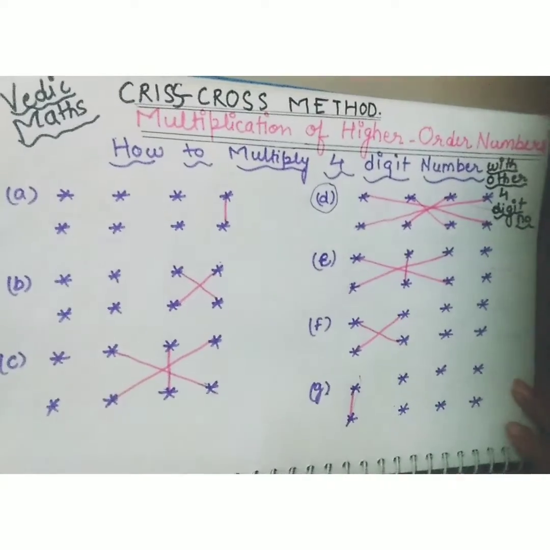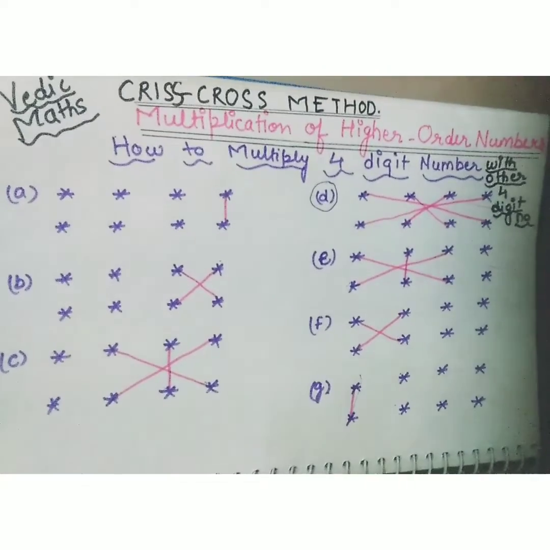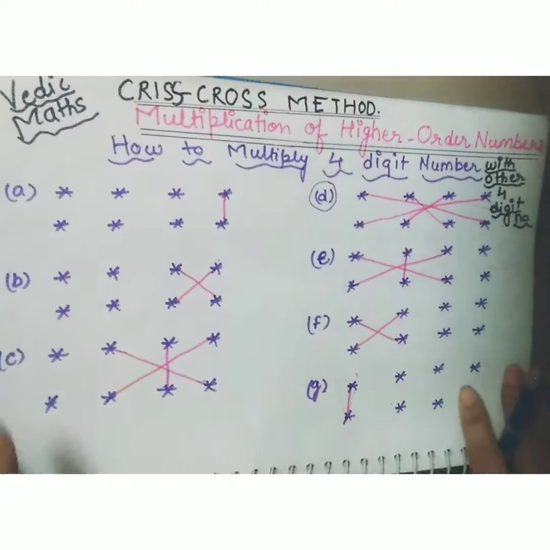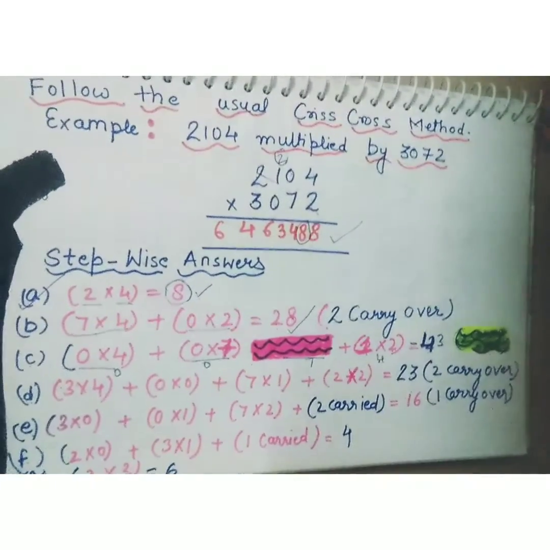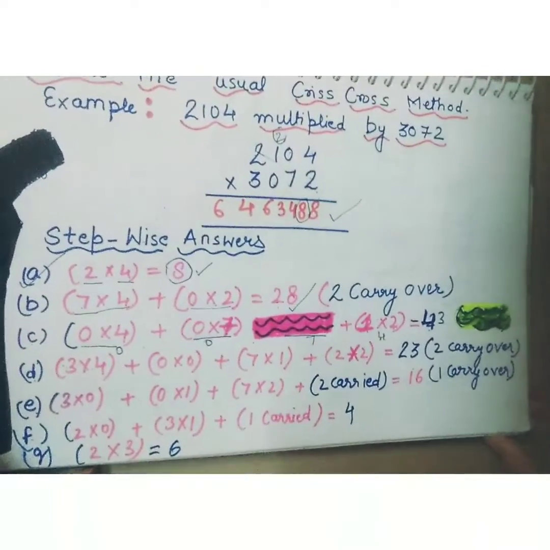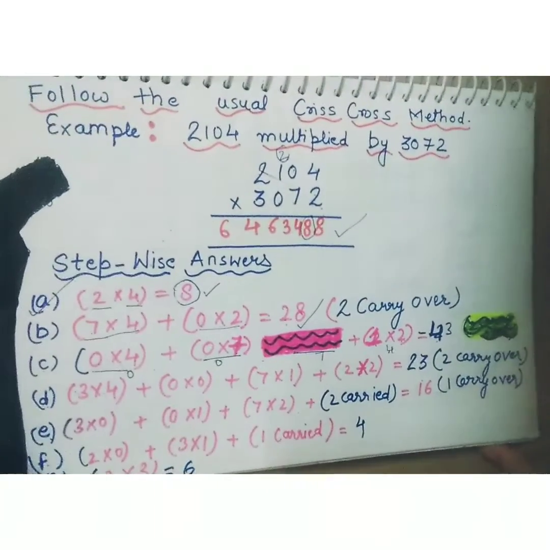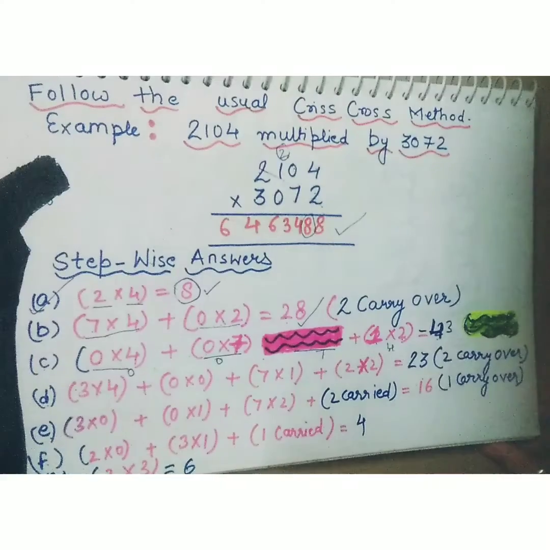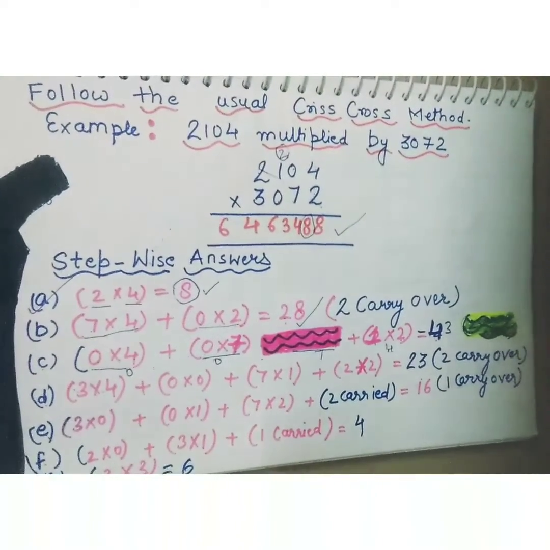Let's consider one example of multiplication of a 4-digit number with another 4-digit number. So follow the usual crisscross method.